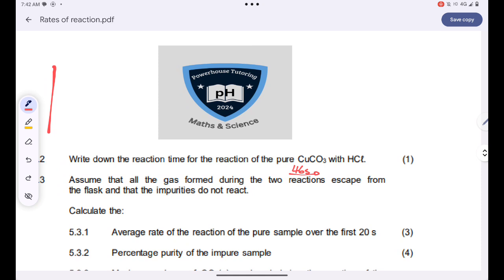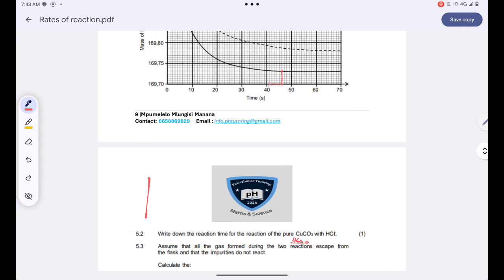Okay, now we must assume that all the gas formed during the two reactions escapes from the flask, and the impurities do not react. Calculate the average rate of reaction of the pure sample in 20 seconds.